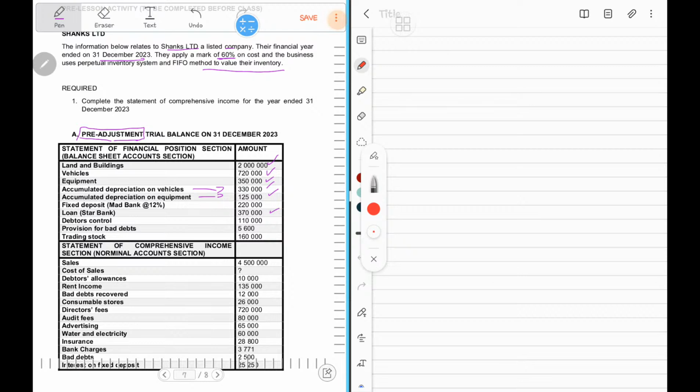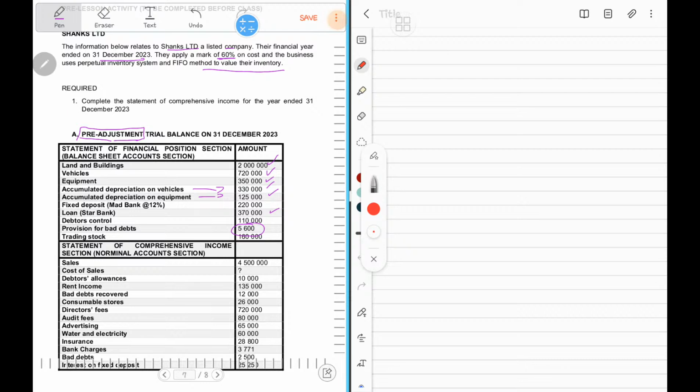Then we are given debtors control 110,000. We can use this to find the provision for bad debts. Then we are being told that the provision for bad debts is 5,600. So the one that is given to you here is the one from the previous financial year. So we have to compare it with the one for this year so that we can determine whether it has increased or decreased.